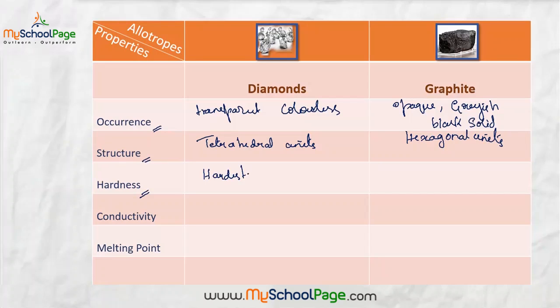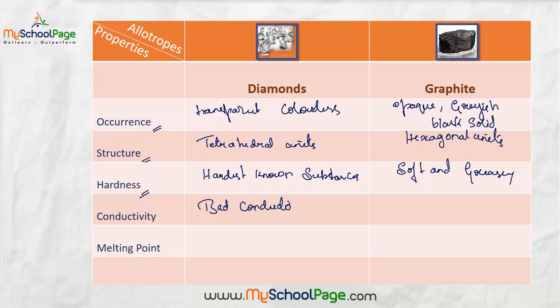Diamonds are the hardest known substances, whereas graphites are soft and greasy. Coming to the conductivity, diamonds are bad conductors of both heat and electricity, whereas graphites are good conductors of heat and electricity.